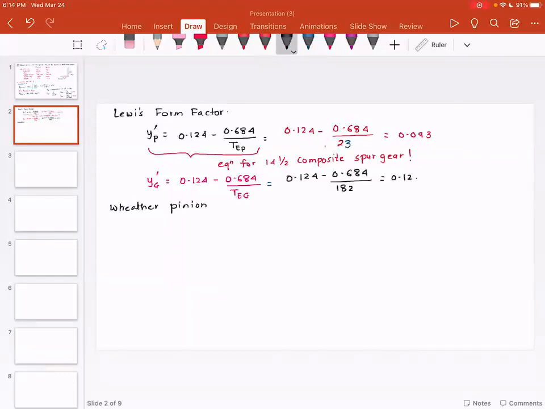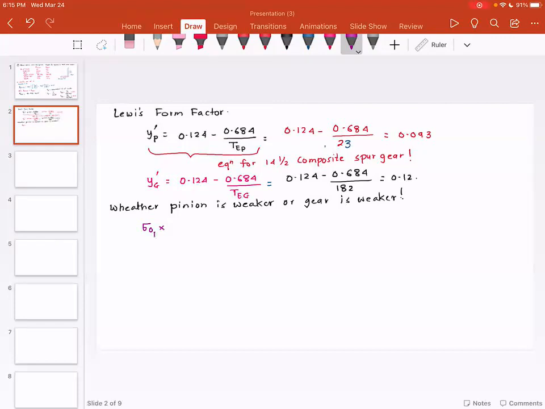Pinion is weaker or gear is weaker. To find out whether the pinion is weaker or the gear is weaker, we have to multiply the Lewis form factor by the allowable static stress.